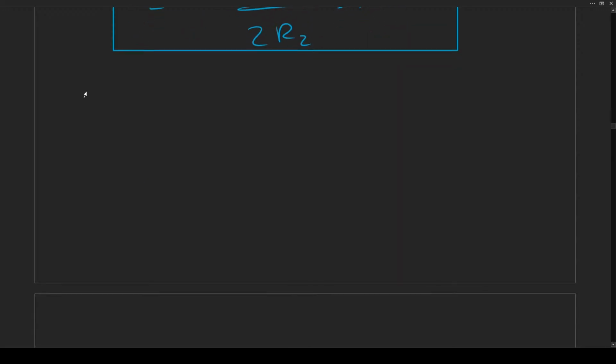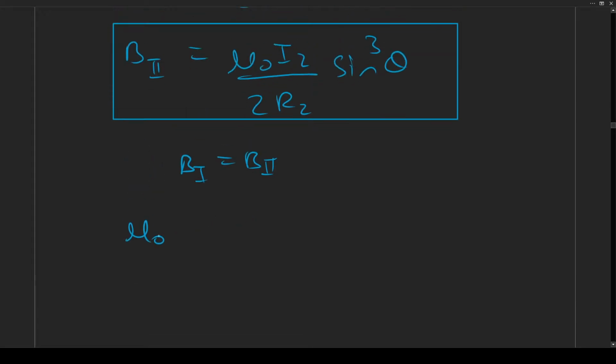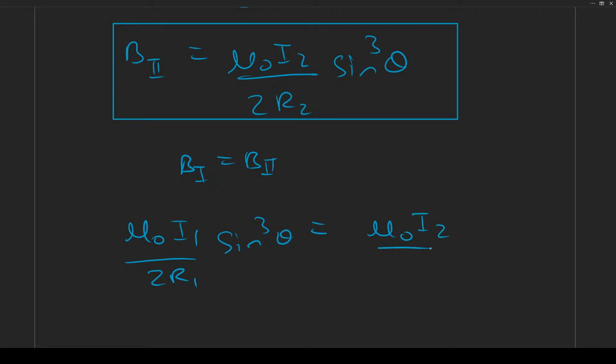So B1 equals B2. Equating both of them, we get mu naught I1 by 2R1 sine cube theta equals mu naught I2 by 2R2 sine cube theta.